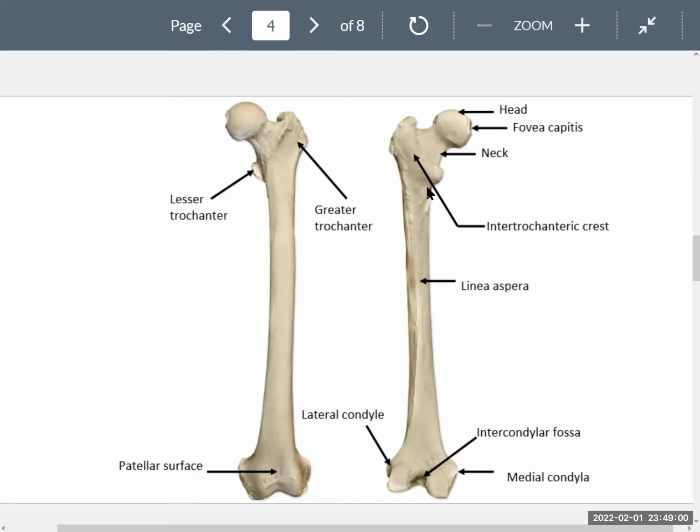Looking at the posterior side: greater trochanter, lesser trochanter, but the moon that we see there is the intertrochanteric crest. There's an indentation in the head where my cursor is, and it's pointed to over here.